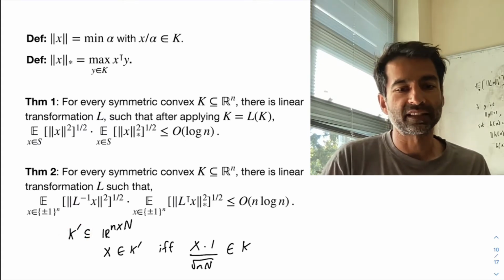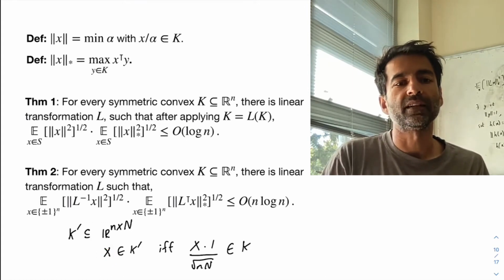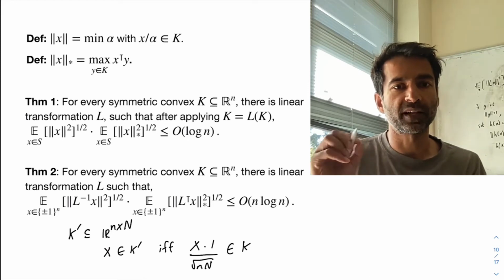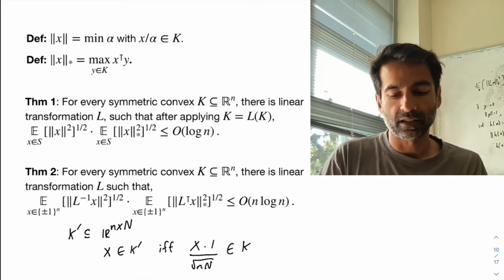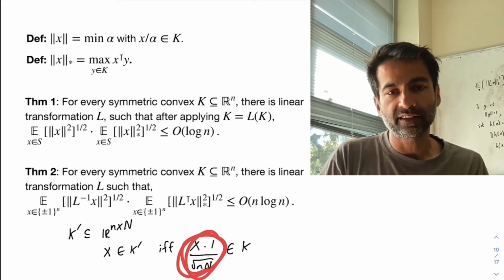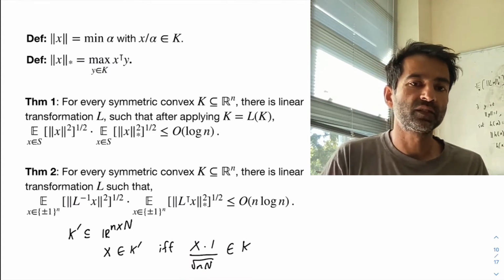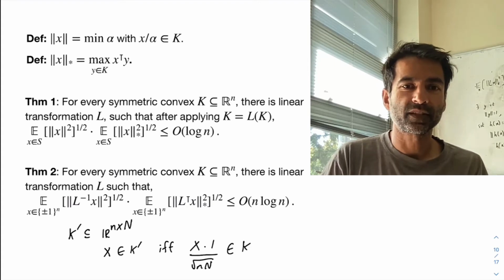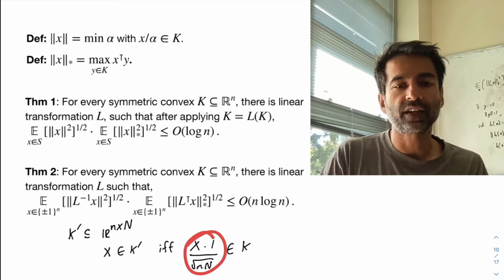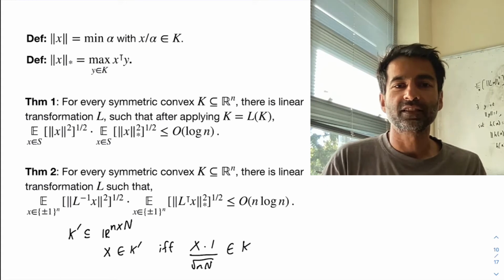And the point of this is that now if you take a uniformly random matrix X here with plus or minus 1 entries, and you apply this transformation to it, the vector that you get here is going to be distributed very close to a Gaussian, okay, by the central limit theorem. I've set up these parameters so that this vector looks like a Gaussian, and Gaussians sample very close to the surface of the sphere.